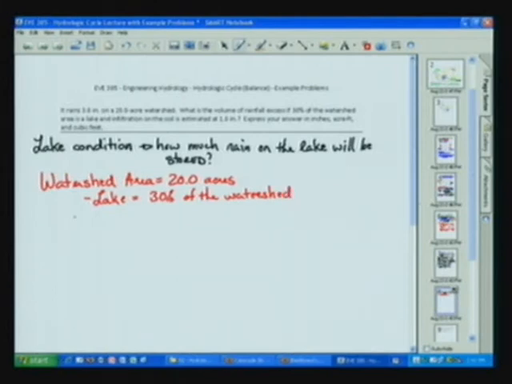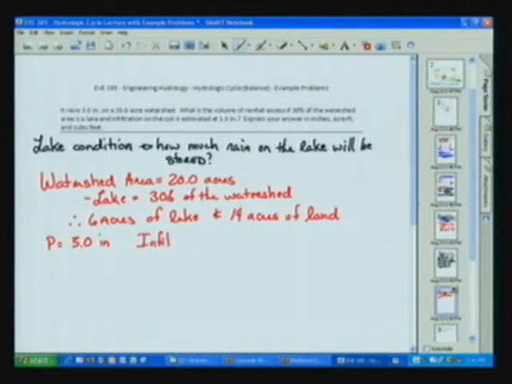Which is to say that there are 6 acres of lake and 14 acres of land. The precipitation is 3 inches. Infiltration, you're gonna love this, it's commonly defined with a capital F when we're talking about a volume, is 1 inch.